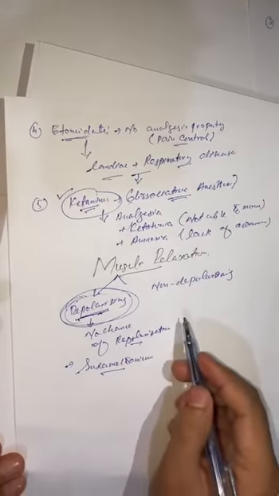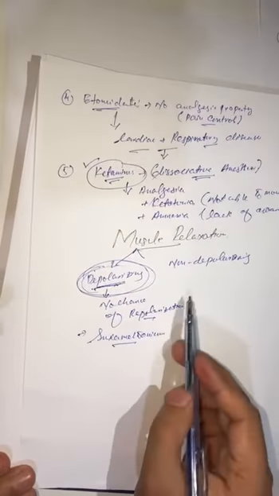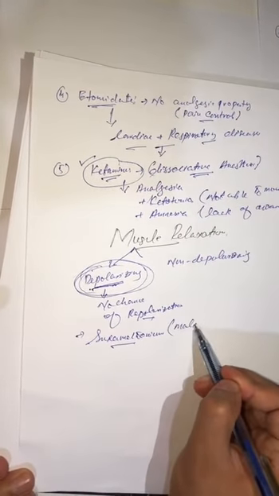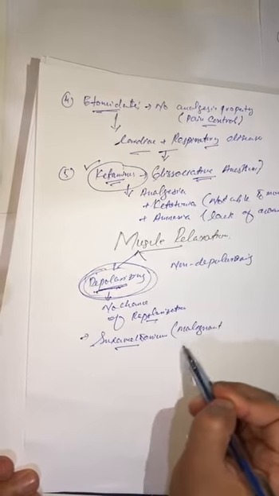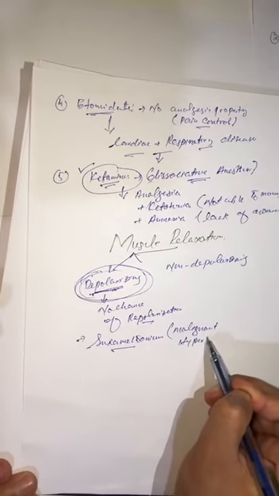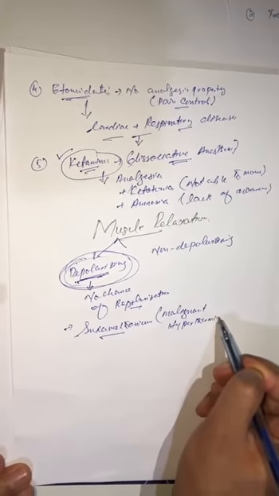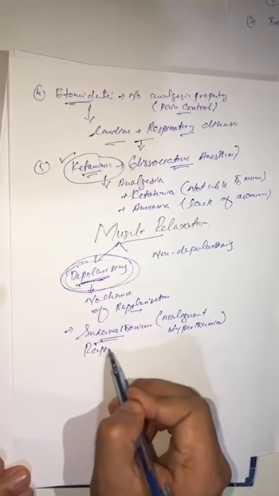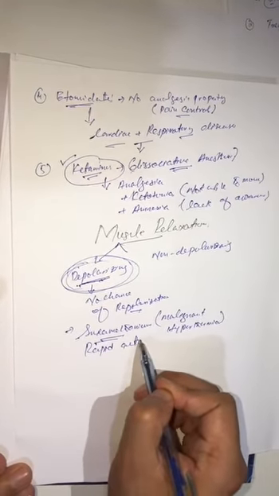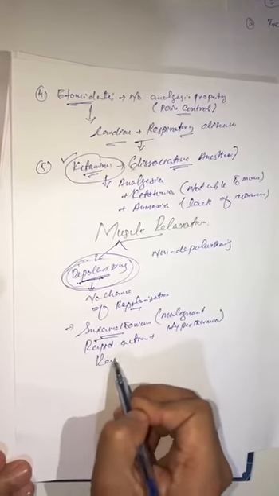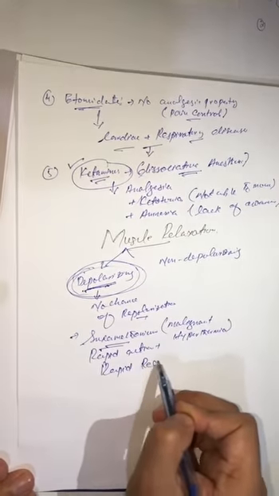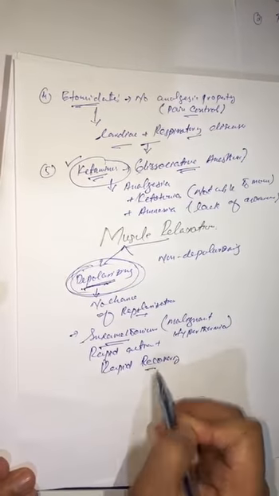One disadvantage or side effect of succinylcholine is that it can cause malignant hyperthermia. But why are we using succinylcholine? Because of its rapid action plus rapid recovery. That's why we use this drug as a muscle relaxant.